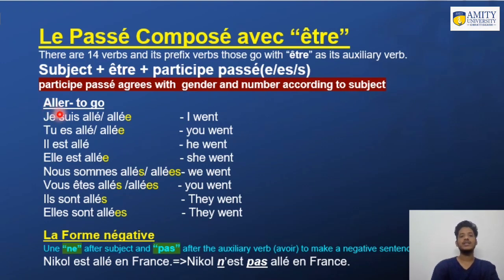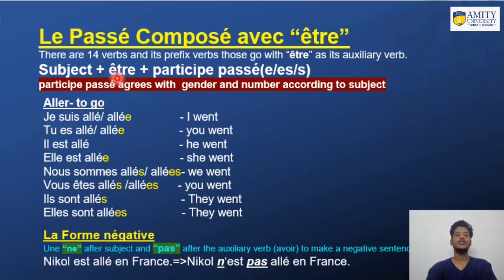Now aller means to go. So what is the past tense of to go? I went. Yes, in English, I went, you went, he went, she went, and so on. But how will you write it in French? Well, you have to remember this. Subject, je. What is after that? Être.